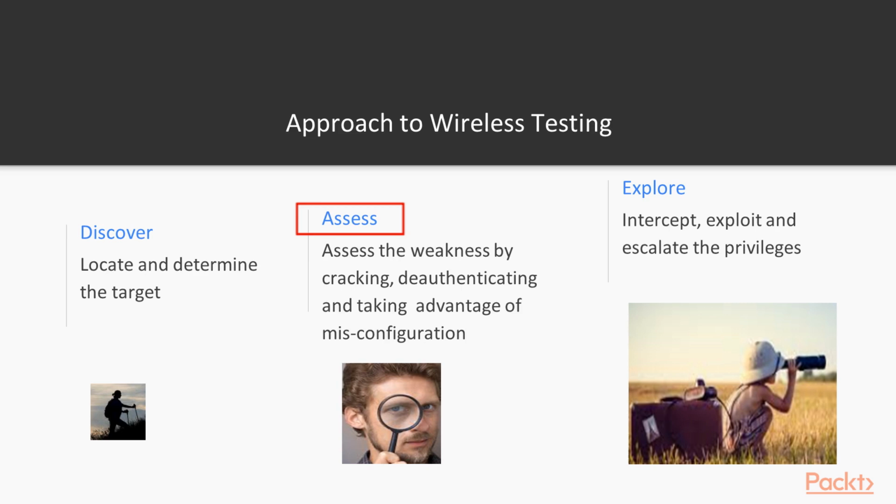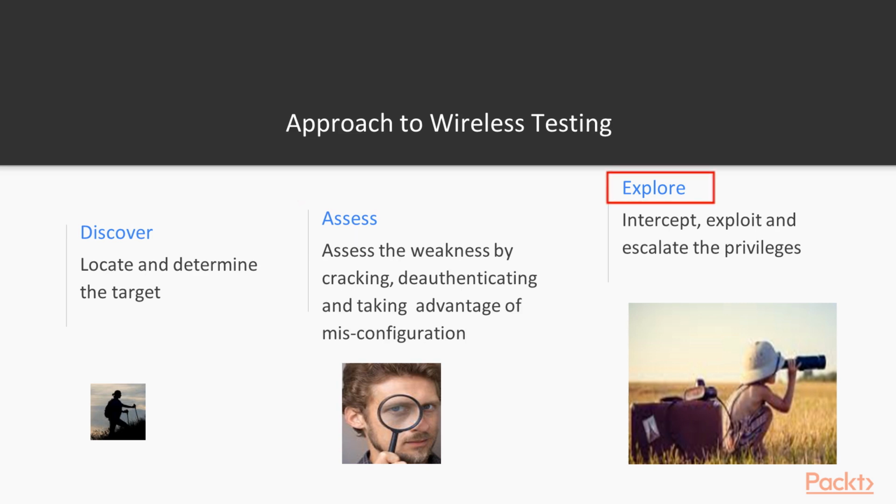We will also perform a de-authentication attack so that we can disconnect the people who are legitimately connected, and make sure they reconnect so that we can freely capture the packets of the four-way handshake and take advantage of it. We'll also be looking at misconfigurations after connecting to the cracked Wi-Fi, probably looking at the default gateway, whether they have changed the default username and password. Pretty much during the assessment, we identify most of the commonly misconfigured systems that are in place.